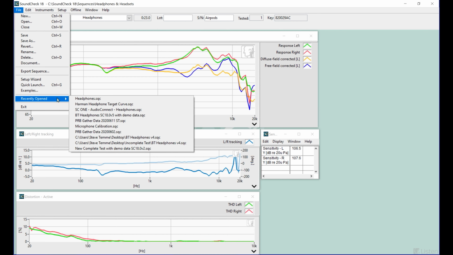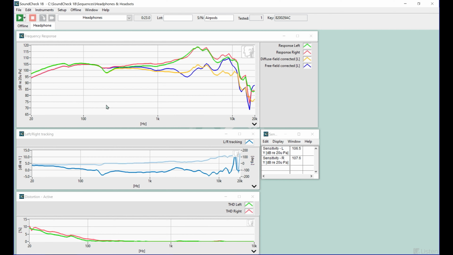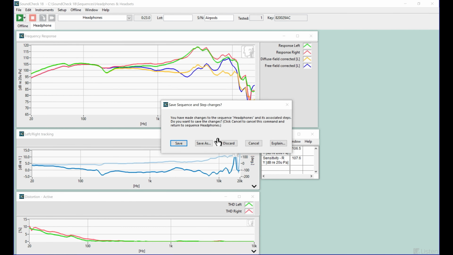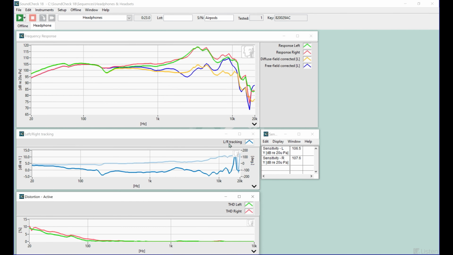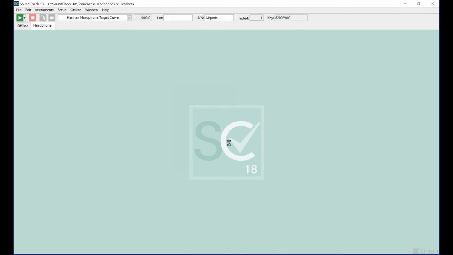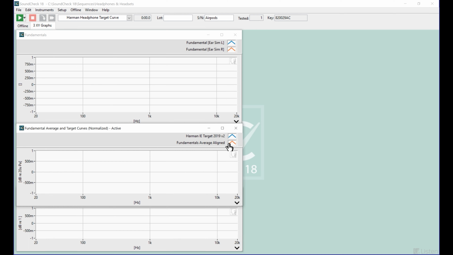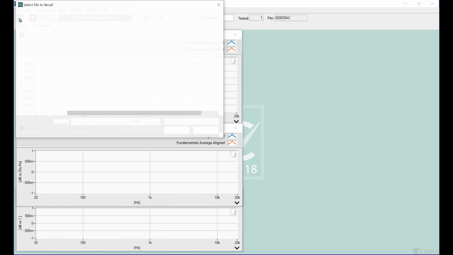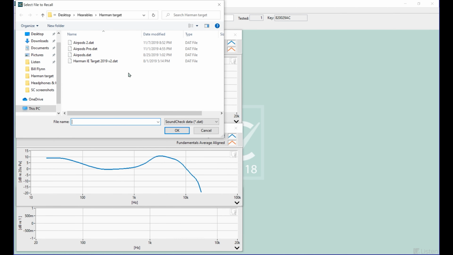The other demo I'd like to show you is the Harman target curve. And I'll just bring that up for a moment. I'll discard this. And here again, measuring a pair of headphones and not hearing is pretty boring. So I'm just going to recall some measurements I made. The first thing it does is load the Harman target curve.